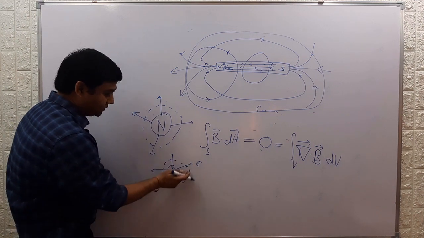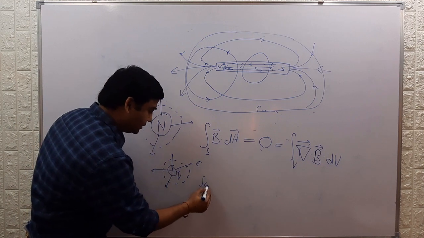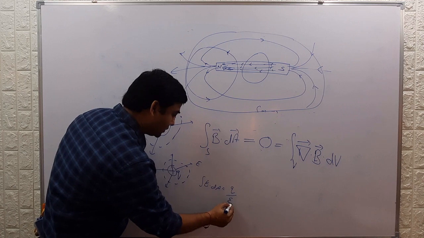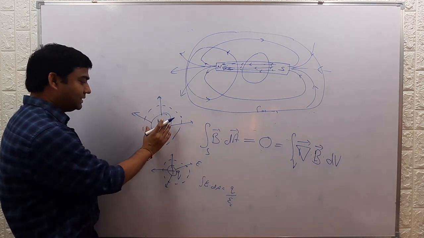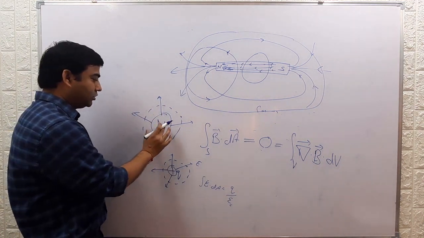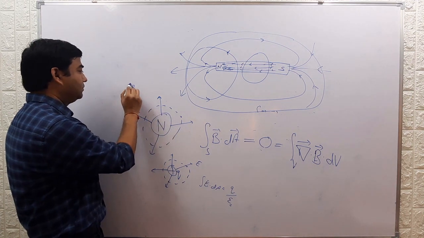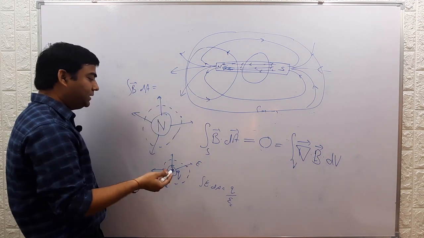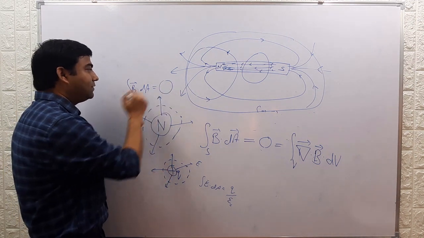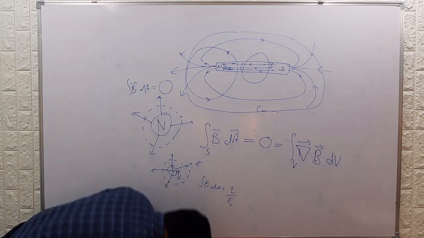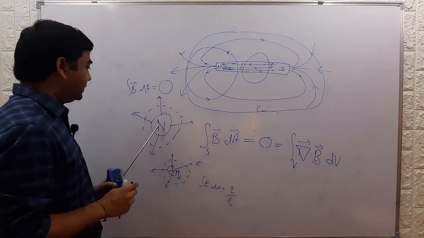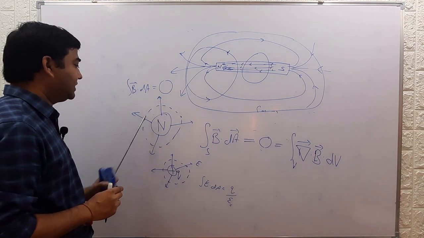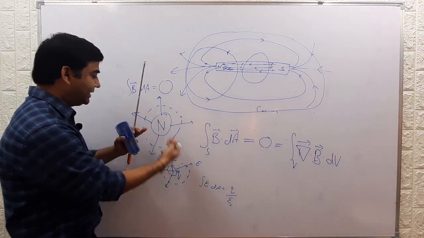In this case, the net flux, which is E dot A, is equal to Q by epsilon 0. Similarly, if there is a separate North Pole, then the net flux, that is B dot A through the Gaussian surface, will have some finite value, because these magnetic field lines are exiting from this Gaussian surface and there is no entering magnetic field.